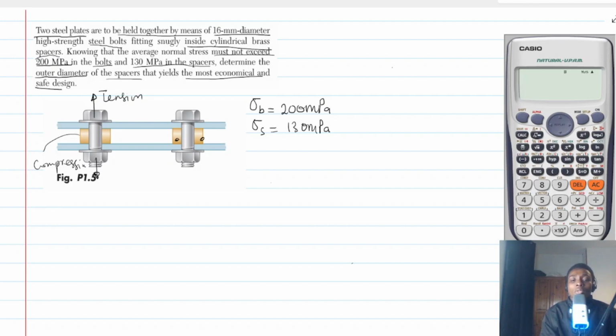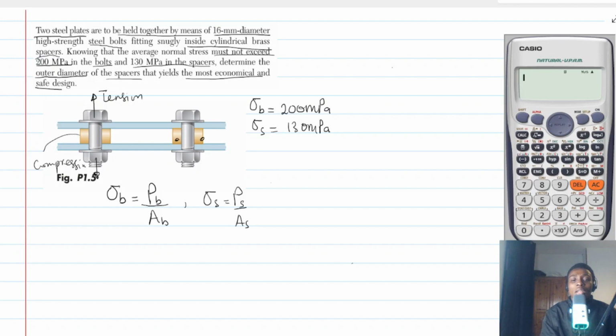Now, for the purpose of equilibrium, the average stress in the bolt is going to be the load from the bolt divided by the area of the bolt, and the stress in the spacer is the load from the spacers, there are two, divided by the area of the spacers.